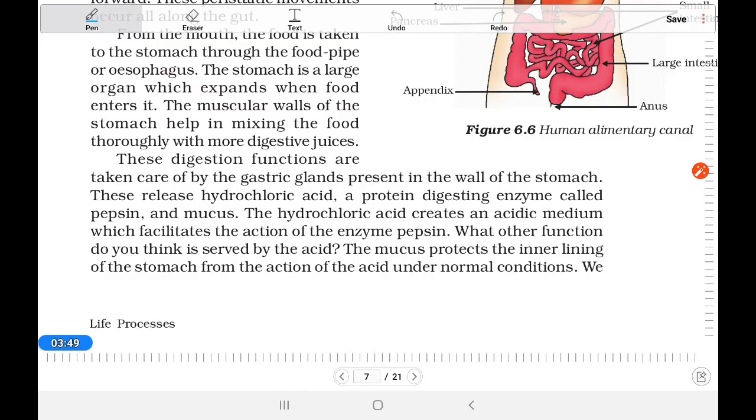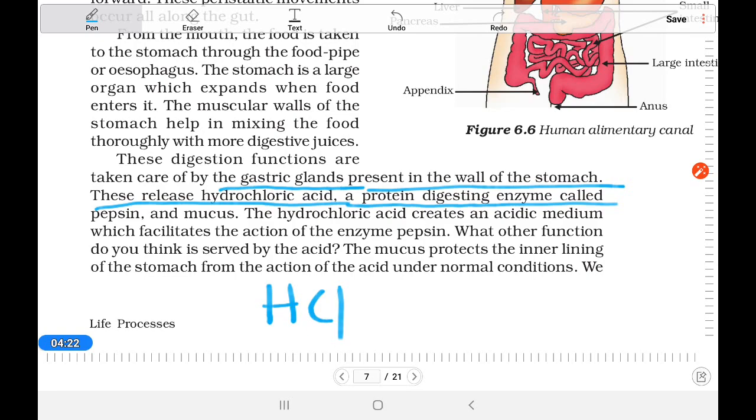Now the process of digestion is also very complicated. Different food materials are digested inside our body, and different enzymes act upon them and make them simpler. One of the very amazing parts is the release of hydrochloric acid, HCl. This is the only inorganic acid secreted by our body.